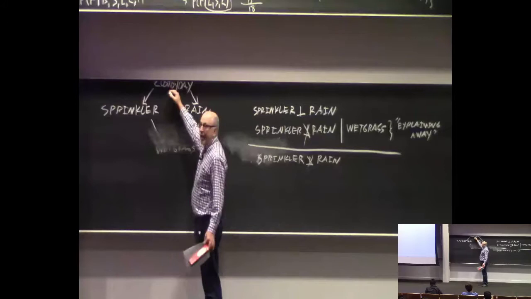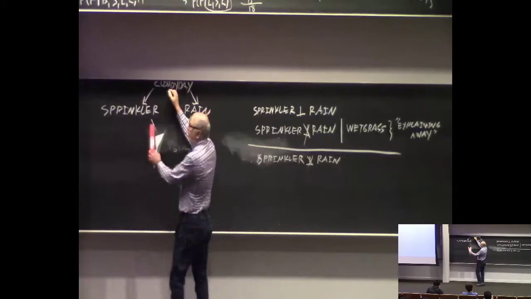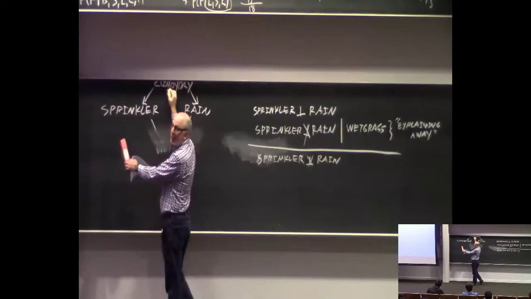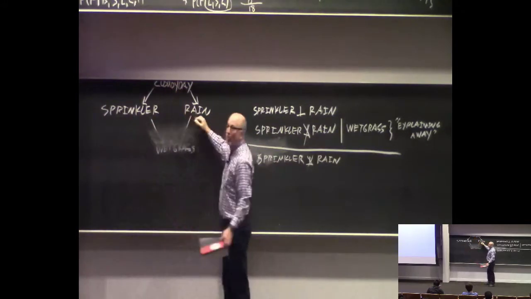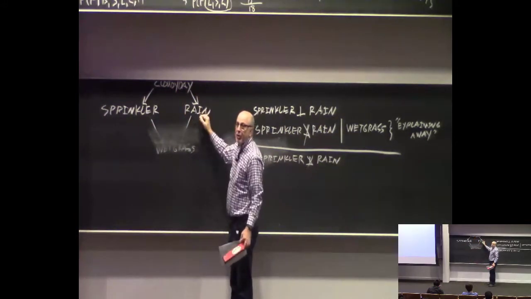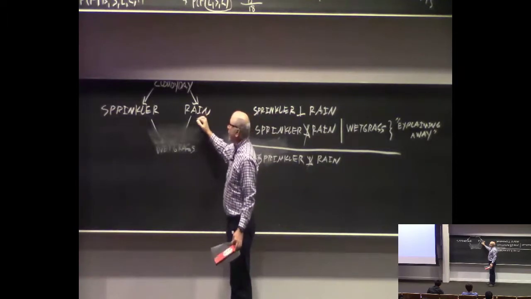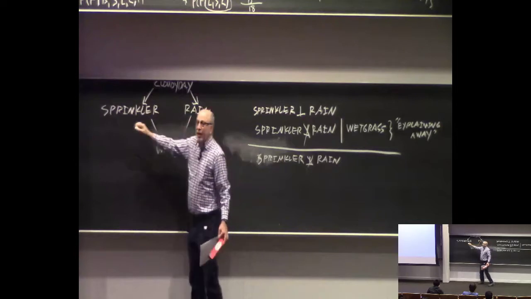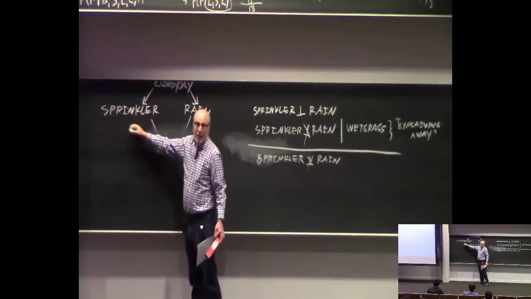then on days that are cloudy, there's going to be a decision made here that is going to favor not using the sprinkler. And there's going to be a decision made here by the gods of weather favoring that will be rain. But how that decision proceeds, it's a probabilistic decision.